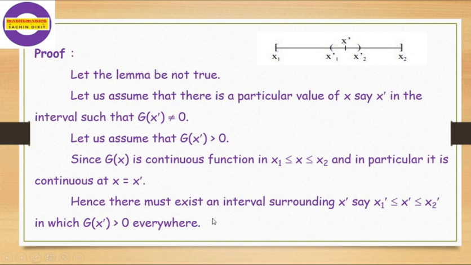Hence, there exists an interval surrounding x dash, say x1 dash less than or equal to x dash less than or equal to x2 dash, in which g of x is greater than 0 everywhere. Means for that value x dash where g of x is continuous, there exists one interval surrounding x dash, say x1 dash to x2 dash, for which g of x must be greater than 0 everywhere.